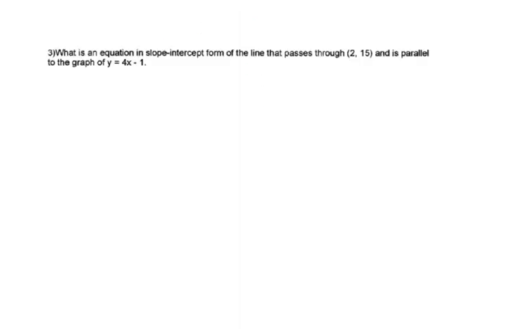So here's number 3. What is an equation in slope-intercept form of a line that passes through (2, 15) and is parallel to the graph y equals 4x minus 1? So we know that slope-intercept form is y equals mx plus b.